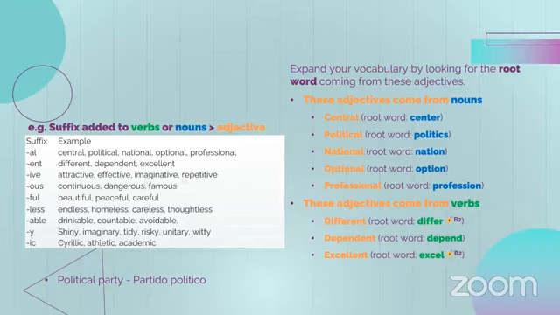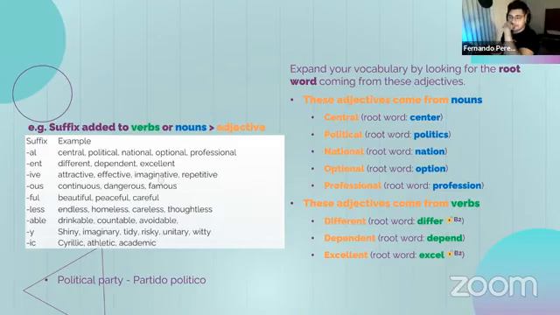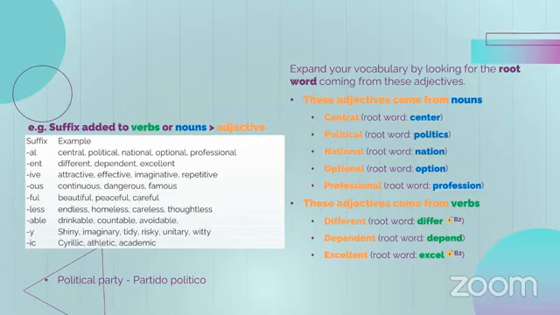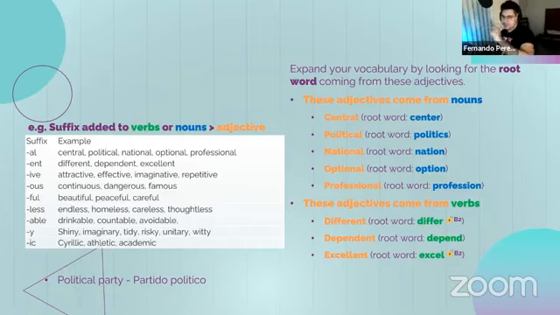Imaginative. What is the root word for imaginative? Imagine, which is a verb, right? Repetitive comes from the verb repeat. The pronunciation changes.